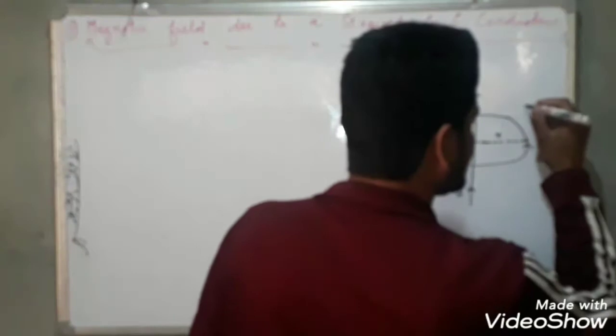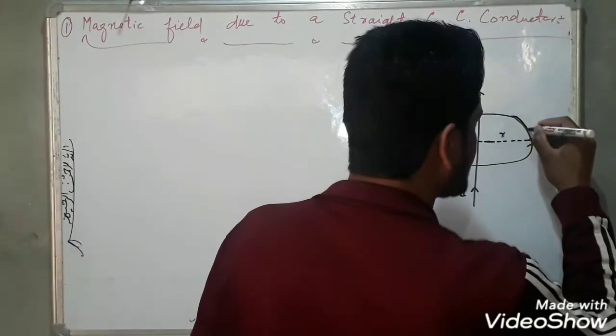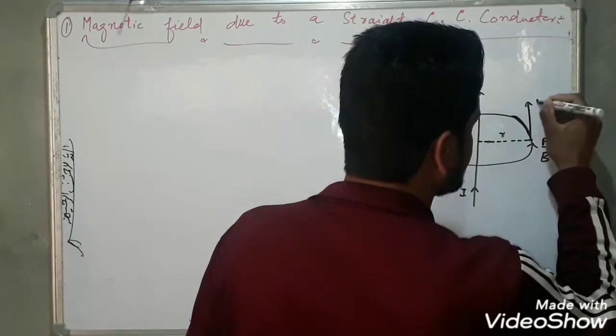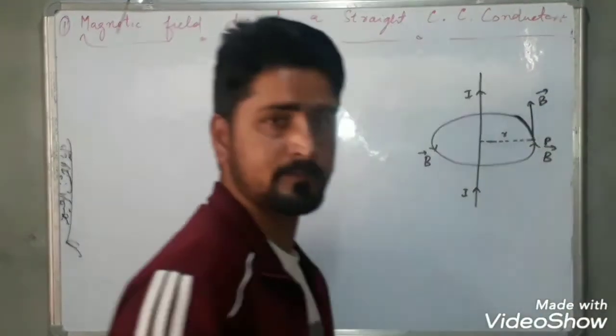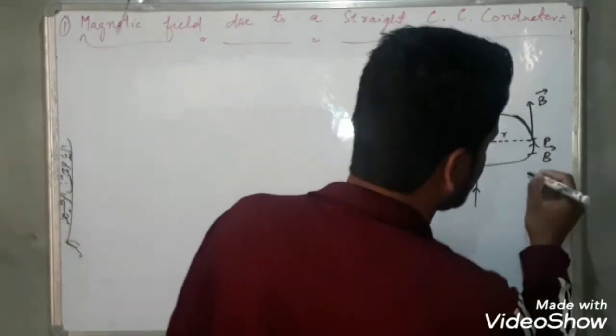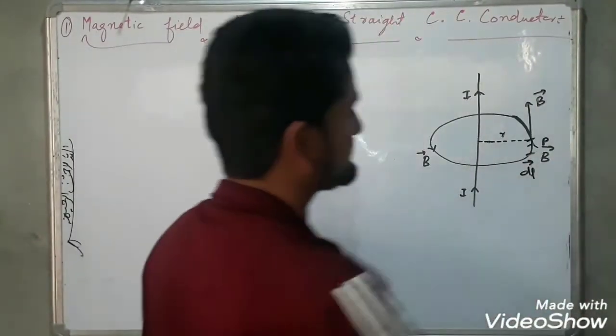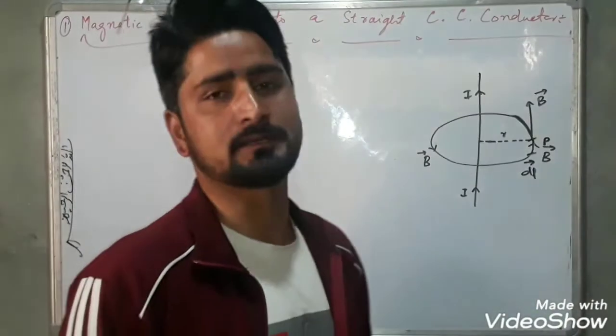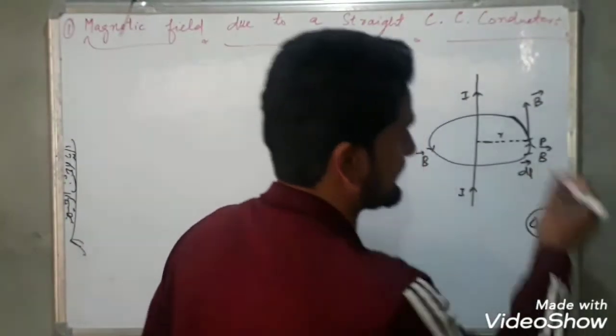Here the direction will always be tangent to this circle, and that is the direction of magnetic field B. If you take a small element here having length dl, then dl and B will be in the same direction, and the angle between the dl and B vectors will always be 0 degrees.